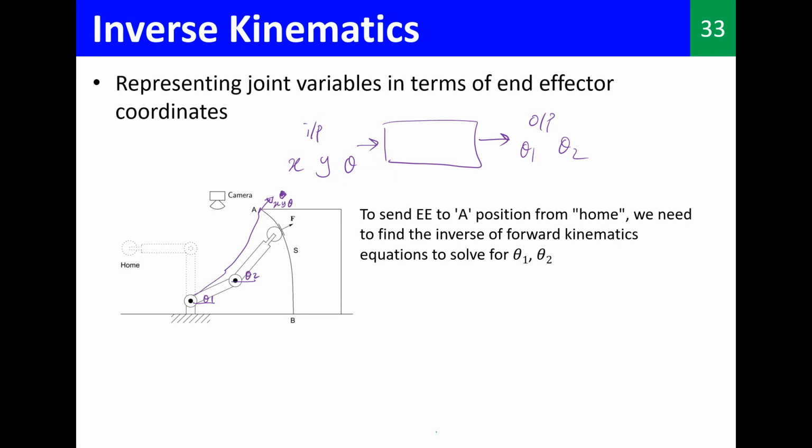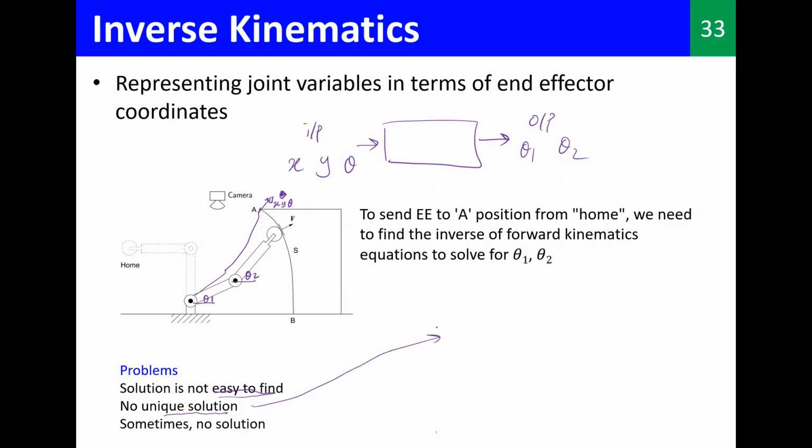Now, as you can understand, the inverse kinematics problem is harder than the forward kinematics problem. And maybe the solution you can't find. It is, let's say, not easy to find, right? And there may be situations where we don't have a unique solution, right? So when I say unique solution, let's say I have the manipulator like this, and this is my target location.